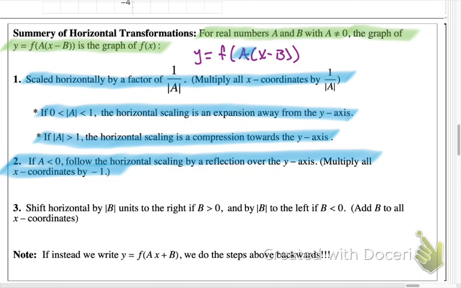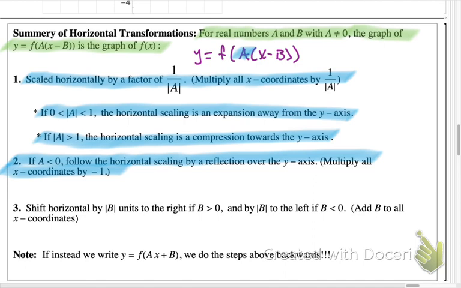So if you were looking at a transformation of one of our toolkit functions, a constant function, y equals x, the square root of x, absolute value of x, x squared, the reciprocal function, the reciprocal squared, whatever toolkit function that's been transformed, if you can tell it's been horizontally flipped at some point, that means a has to be negative.